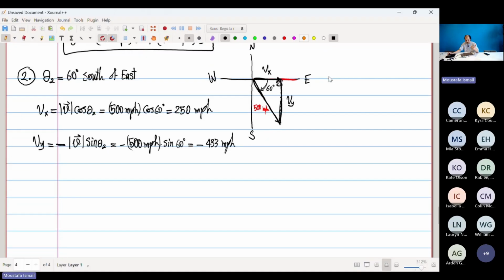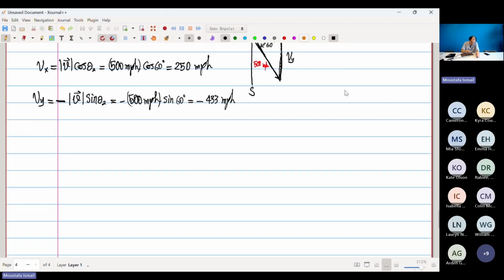If you didn't include the sign, but instead used the angle 300, you will still get a negative number. So you can just write it as V sine theta, but set theta to be 300, and you will get negative 433. You just need to be consistent. If you want to use the equations we derived, you have to use the angle measured counterclockwise from the positive x-axis. If you want to stick to your intuition, you can just draw the relevant triangle and do trig every time.